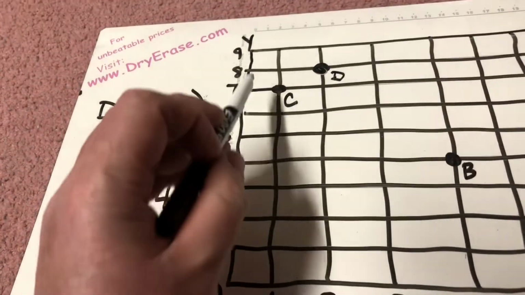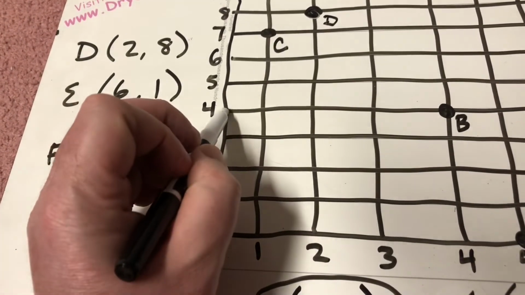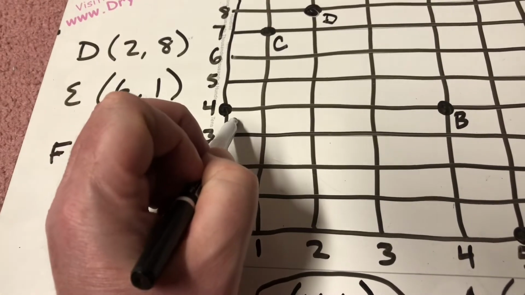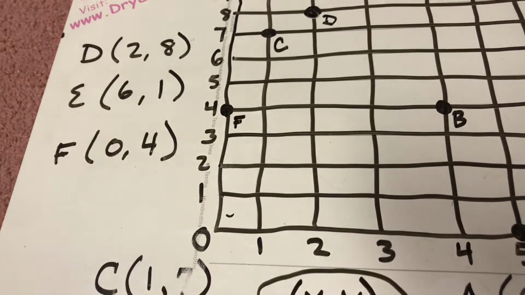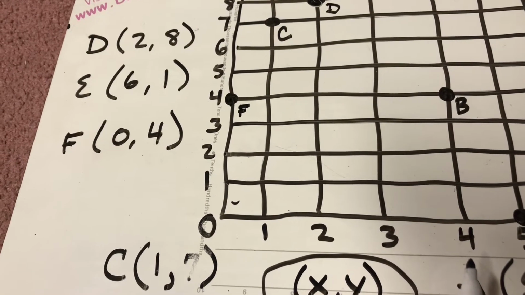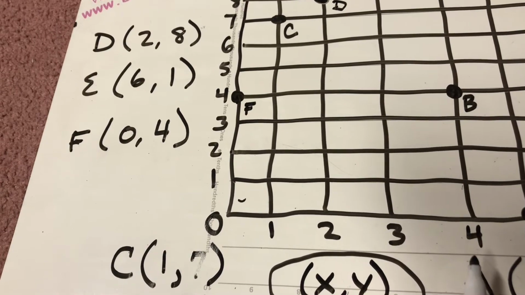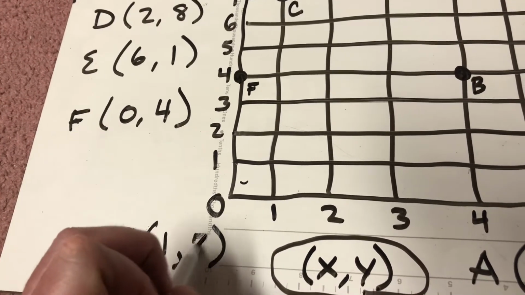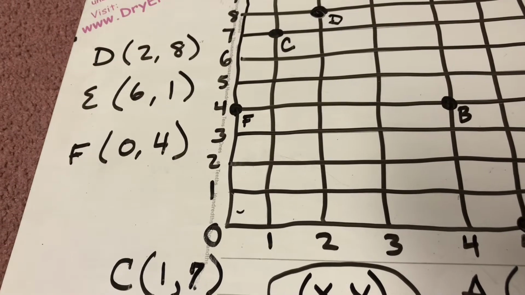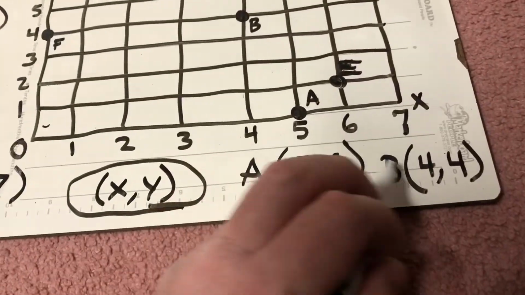So it's going to be over 0, up 4, right there, point F. And that's going to be point F on the y-axis. All right? So that is plotting points on a coordinate plane and then being also able to name the ordered pair.